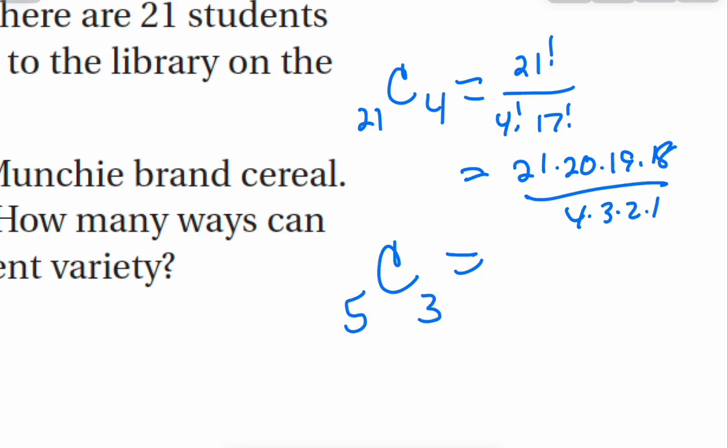I canceled 17 and lower, and the rest should cancel out somewhere along the line. 3 times 2 is 6, which goes into 18 3 times. 4 goes into 20 5 times. Let me check on a calculator: 21 times 5 times 19 times 3. Yeah, 5985.